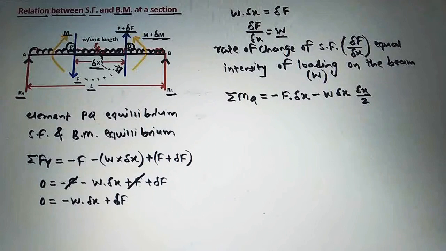So W into delta X is the force, and delta X divided by 2 is the perpendicular distance of this force W into delta X of the UDL from the point Q.